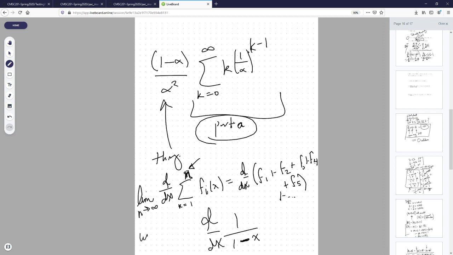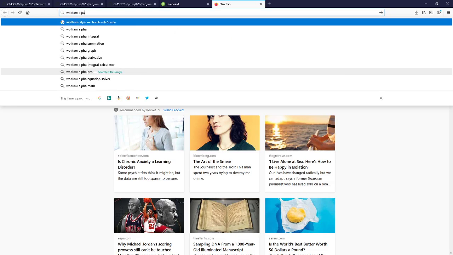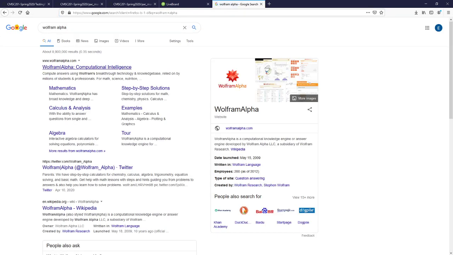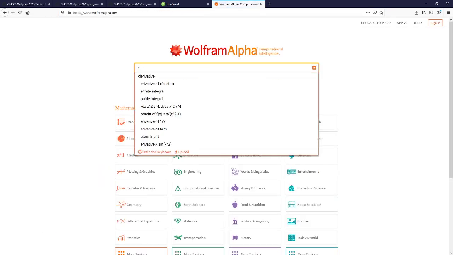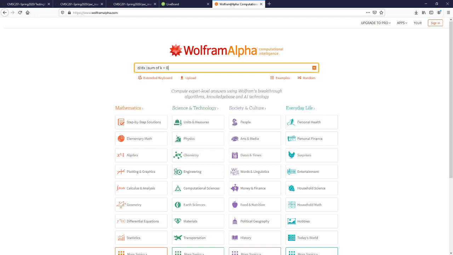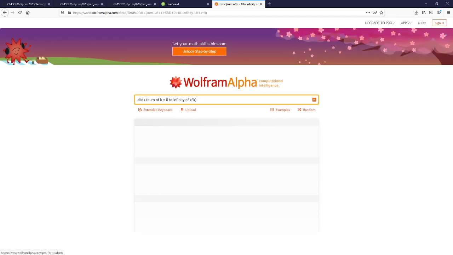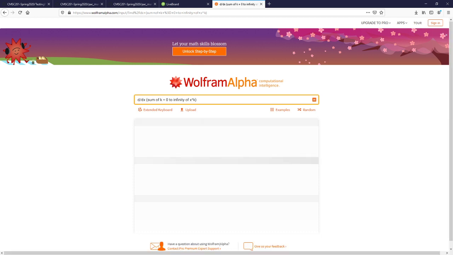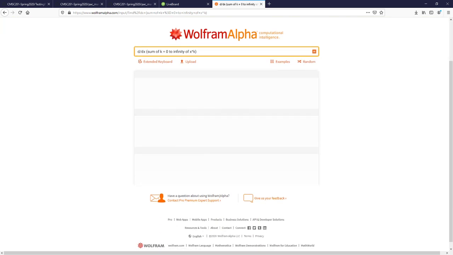Yeah, so there's a website called Wolfram Alpha. So what you do is you take, okay, if the thing ever actually finishes. Wonderful.